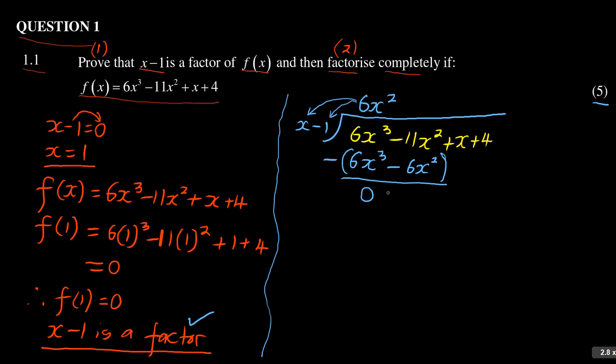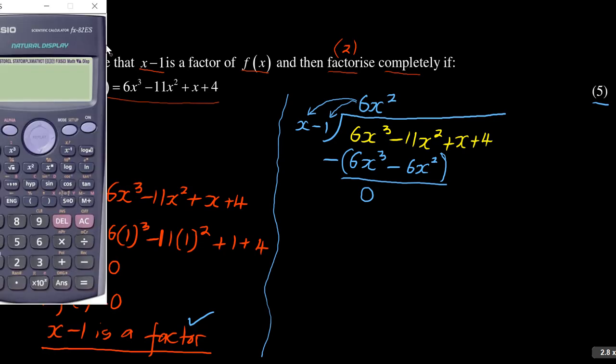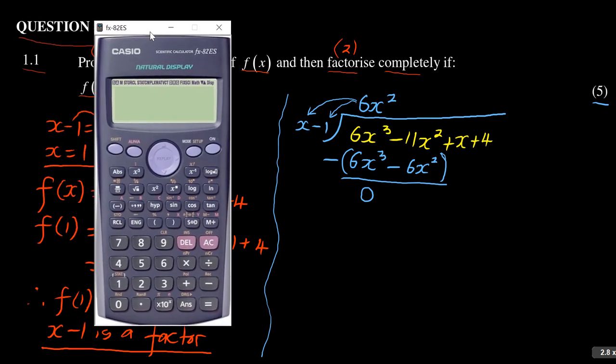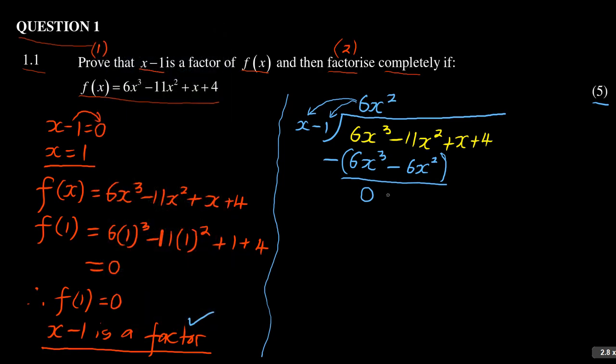And then the second one, you can use your calculator if it's confusing you. Remember, it is minus 11 minus bracket minus 6. So if you do that, you are going to get a negative 5. So now you are going to have negative 5x squared. When you have done that, you are going to bring down the positive x.